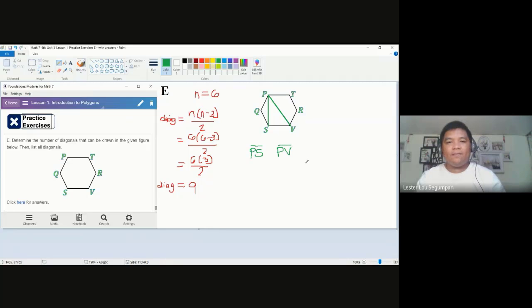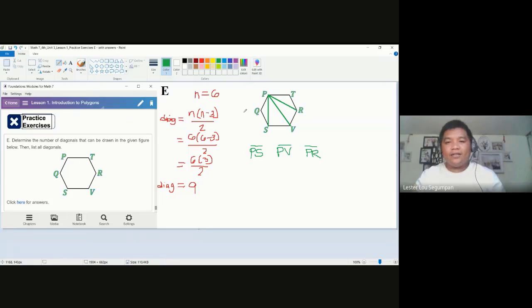And finally, the last line segment that could be drawn from vertex P is going towards R, and the name for that is diagonal PR or RP. Again, Q and T are exempted because vertices Q and T are the consecutive vertices of vertex P.